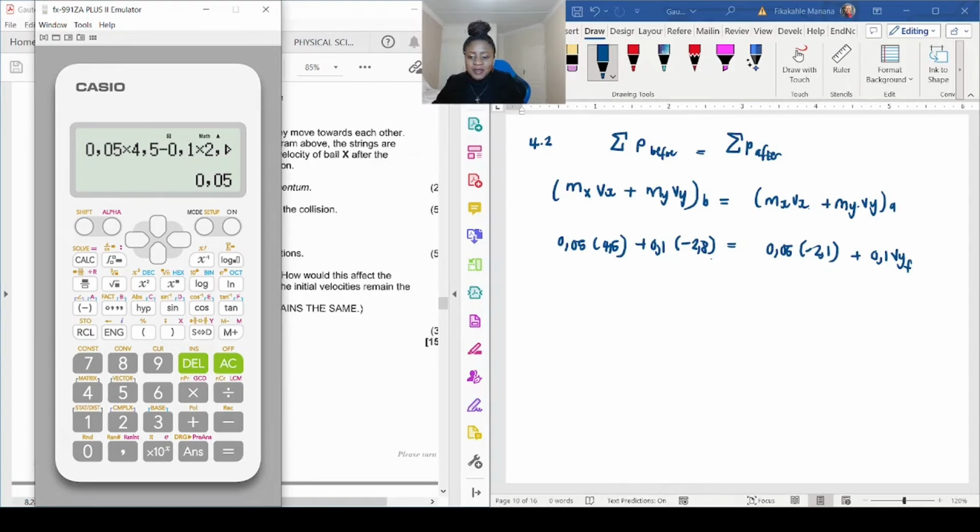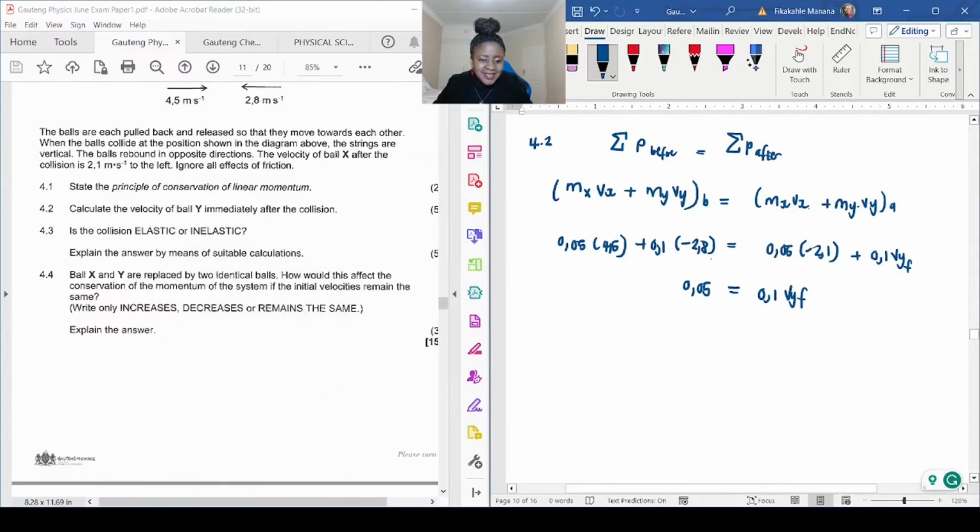Okay, so we have 0.05, and that is equal to 0.1 times our final y velocity, which is what we're looking for, right? The velocity of ball Y after the collision.